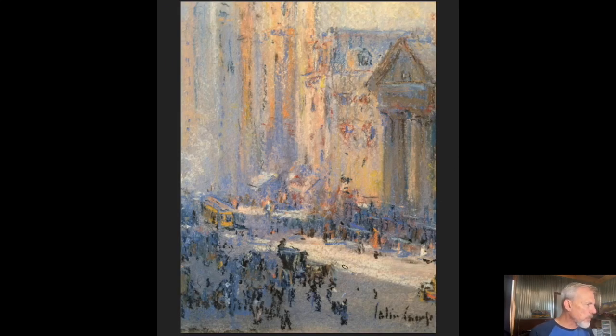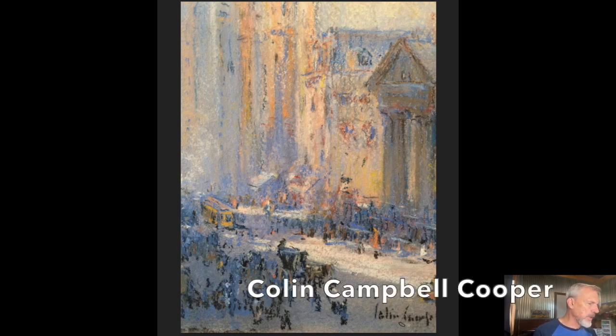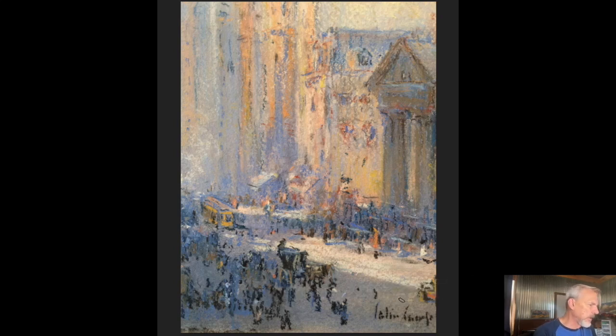Here's a small little limited color pastel by Colin Campbell Cooper. He was an American Impressionist, painted mostly in New York, but I have a West Coast landscape by him here in a minute. But here he's got kind of limited colors, just a basic yellow, yellow-orange for the sunlit areas. All these light areas, very warm, kind of a warmer gray down here.